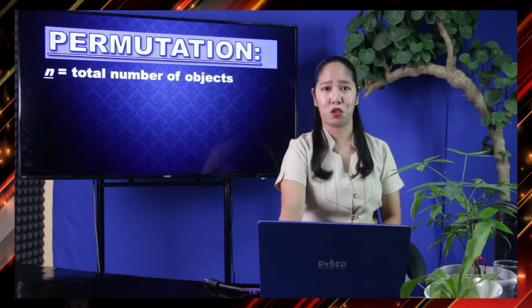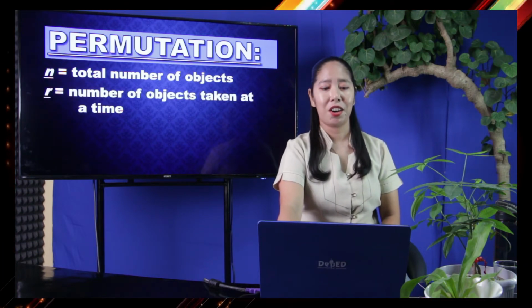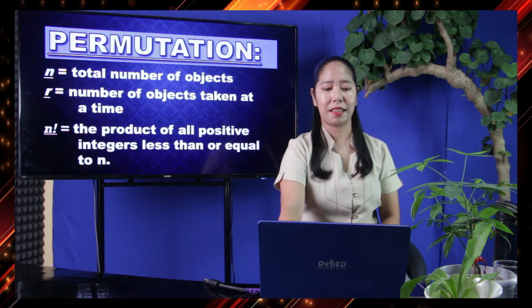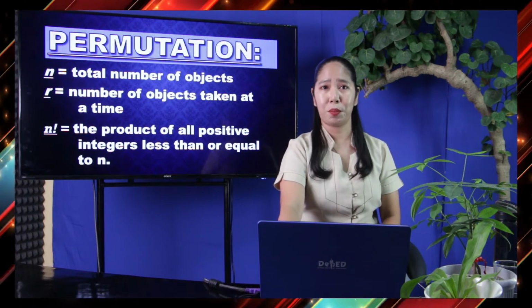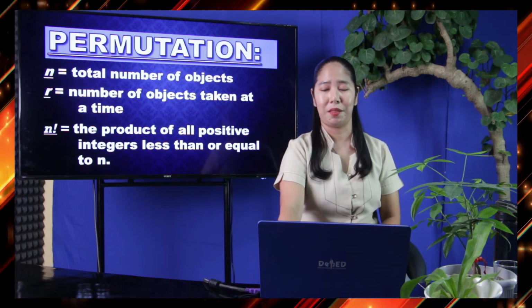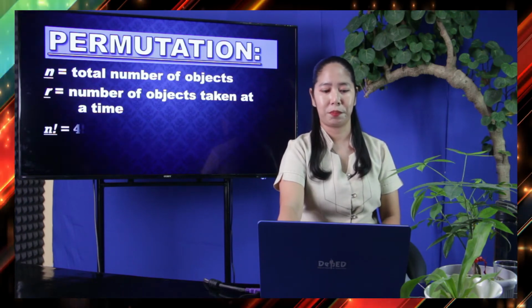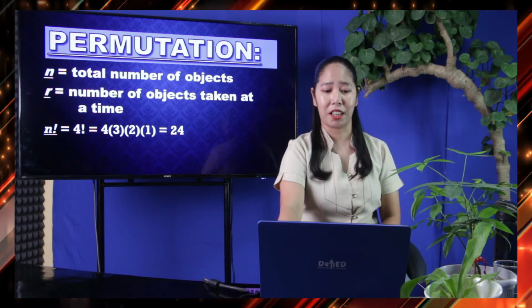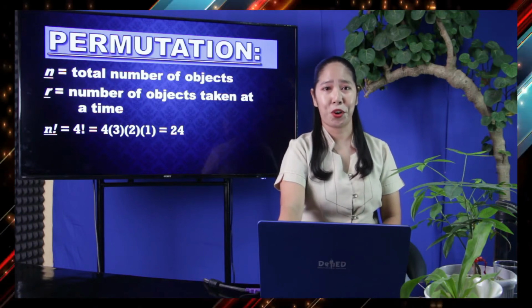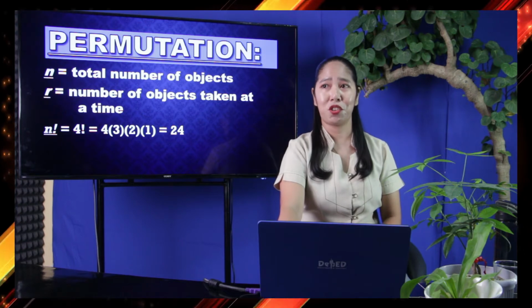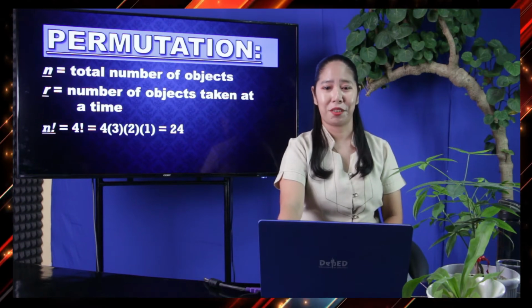Wherein n refers to the total number of objects, r refers to the number of objects taken at a time, and n factorial is the product of all positive integers less than or equal to n, such as 4 factorial. So when we say 4 factorial, that is 4 times 3 times 2 times 1, which is equal to 24.